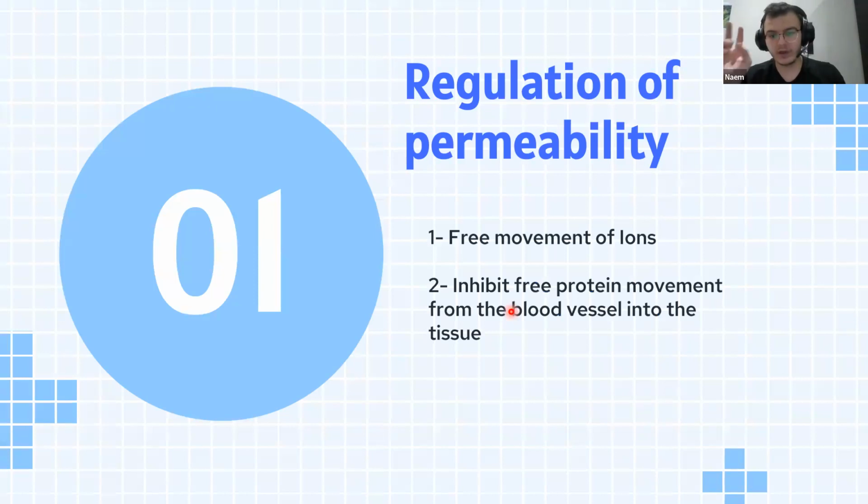Second, it inhibits the movement of proteins. This is the main thing that the endothelium does regarding regulation of permeability, which is inhibiting the proteins from going outside of the blood vessel. As you know, guys, in the blood we have so many types of proteins, enzymes, and hormones that we need to regulate the whole function of the body. So if those go outside, we will have a lot of problems.